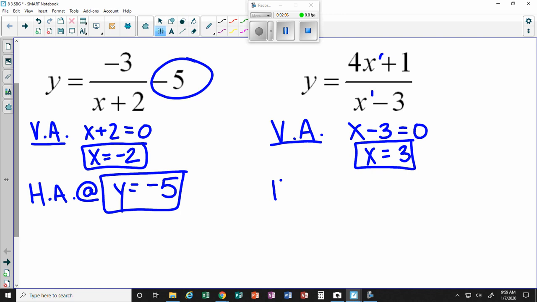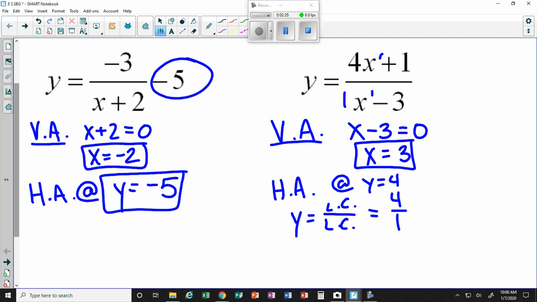The powers are the same, so you do the ratio of the leading coefficients: the leading coefficient divided by the leading coefficient. What's the leading coefficient on top? 4. What's the leading coefficient on bottom? 1. There's nothing out there, so it's really a 1, right? So the horizontal asymptote is at 4 over 1, which is just 4.